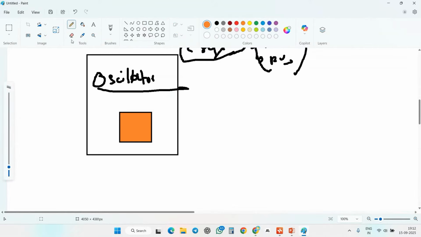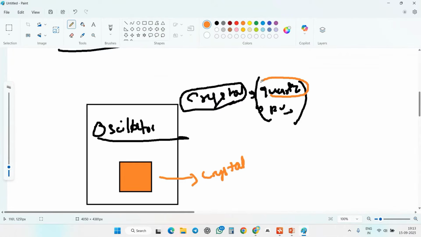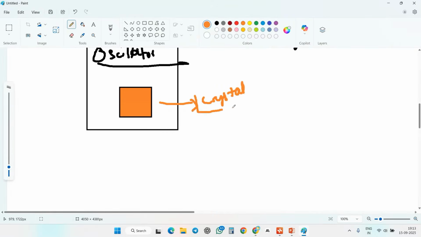Inside this oscillator, we have a piezoelectric material, which is also called a crystal, guys. Here, in the 8051, we are specifically using a quartz crystal, which has the piezoelectric effect.